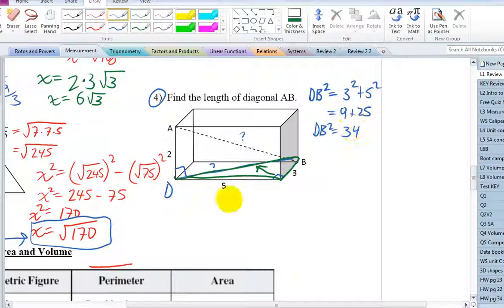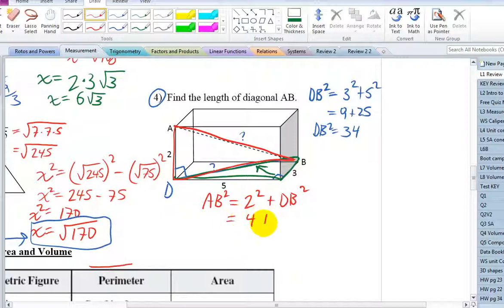Okay. So then what we want to do, now we're going to deal with the red triangle. So we're going A to D all the way to C and then up there. Okay. So we're trying to find AB squared. Now AB happens to be the hypotenuse again. So we're going to add 2 squared plus DB squared.